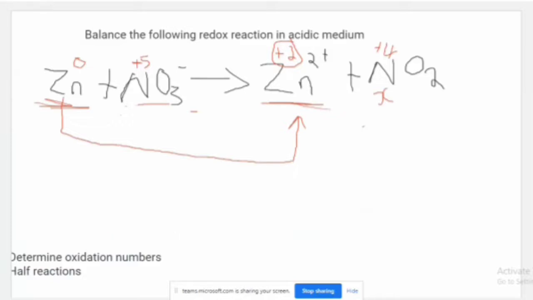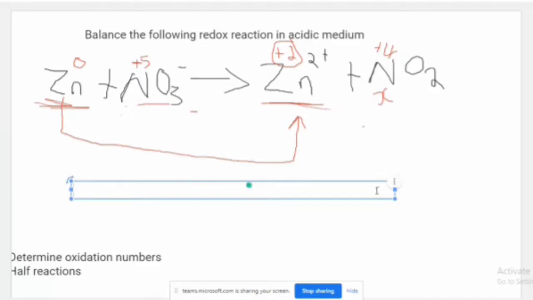Yes. Wonderful. So if you define oxidation in terms of oxidation state, oxidation is the increase in oxidation states.